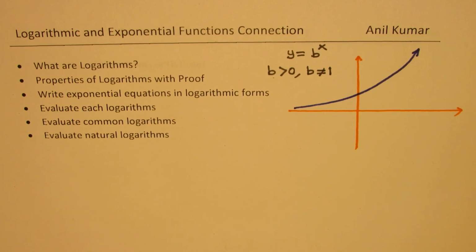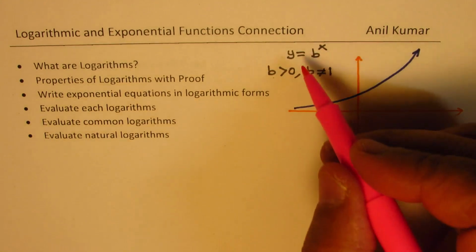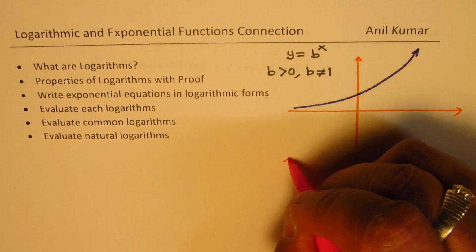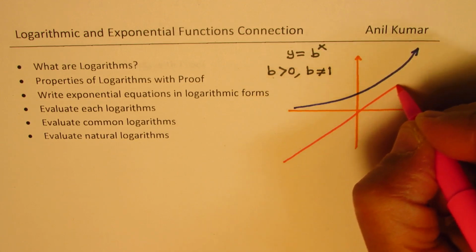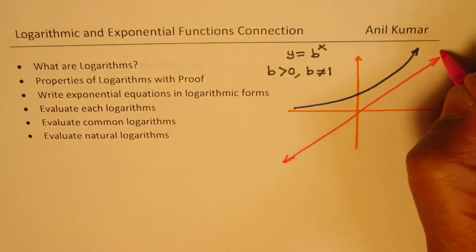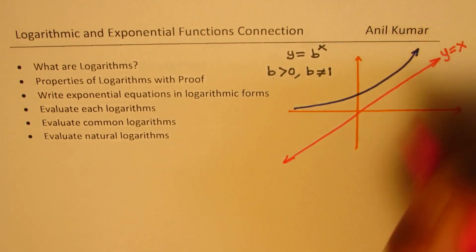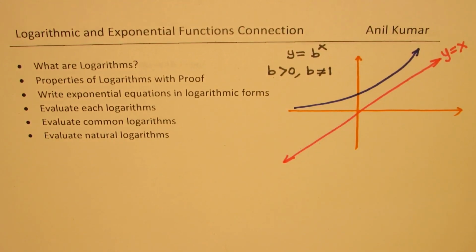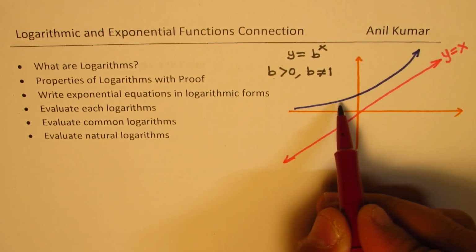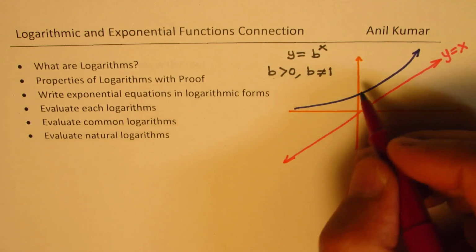Logarithms, as I said, are basically the inverse of exponential functions. So to find the inverse, we have to reflect the graph on the line y equals x. So let us say this is the line y equals x. If I reflect it on this particular line, the horizontal asymptote will become the vertical asymptote.